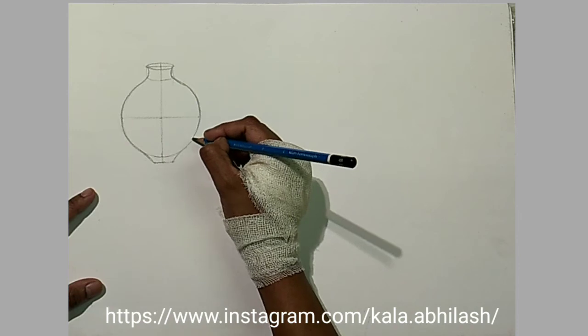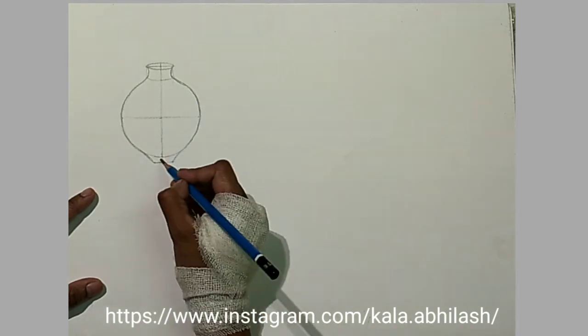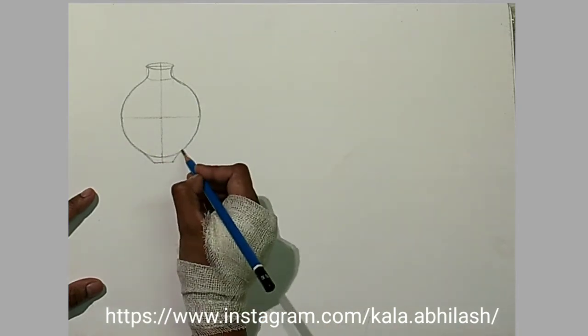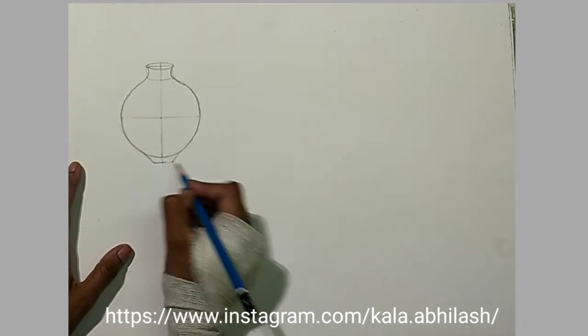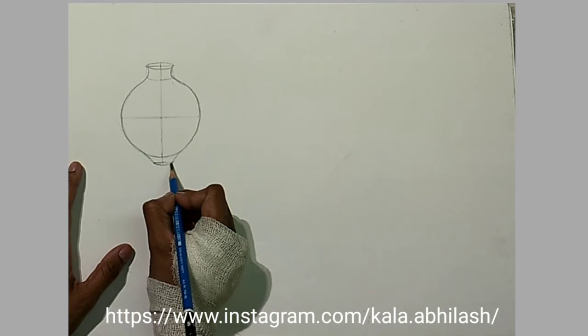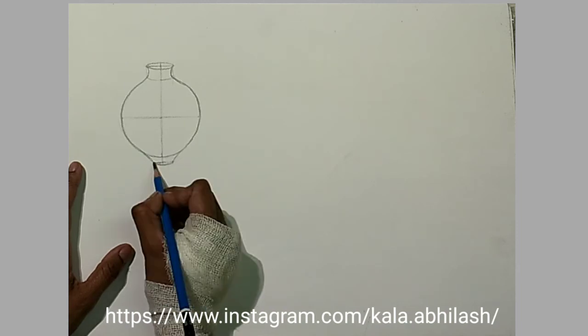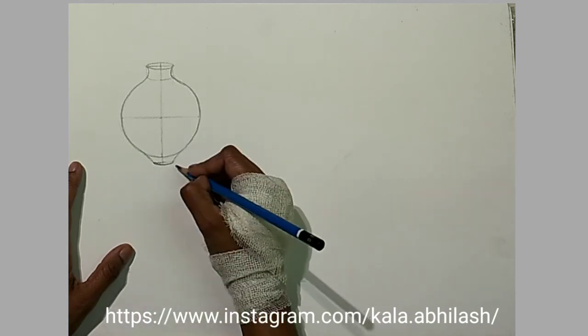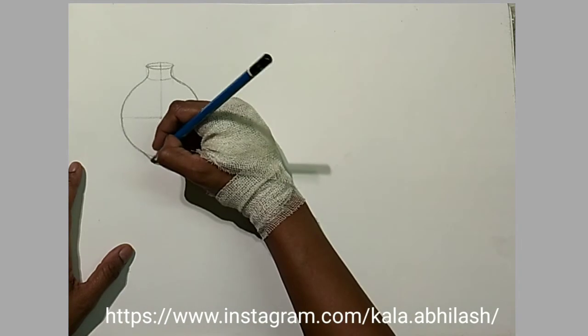And it is also important to draw lightly, because we will be erasing all these lines. I can give it a curve because this is also kind of a sphere at the bottom.